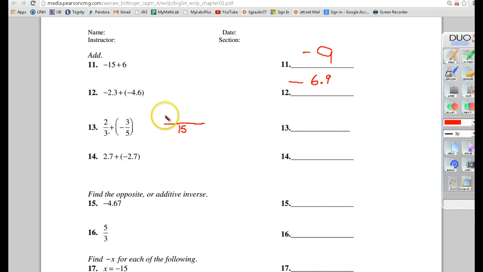So 2 times 5 makes that a 10, and it's going to be a minus there. We had to multiply this by 3, so this is going to be a 9. And now that we have a common denominator, we can just deal with our numerator, which gives us 1 over 15.